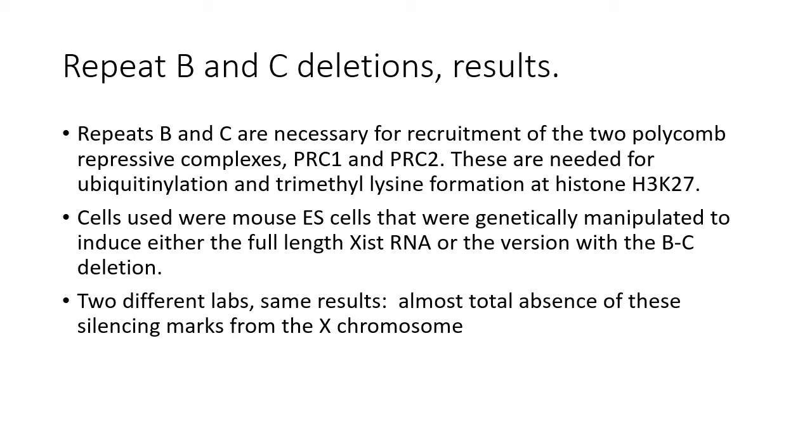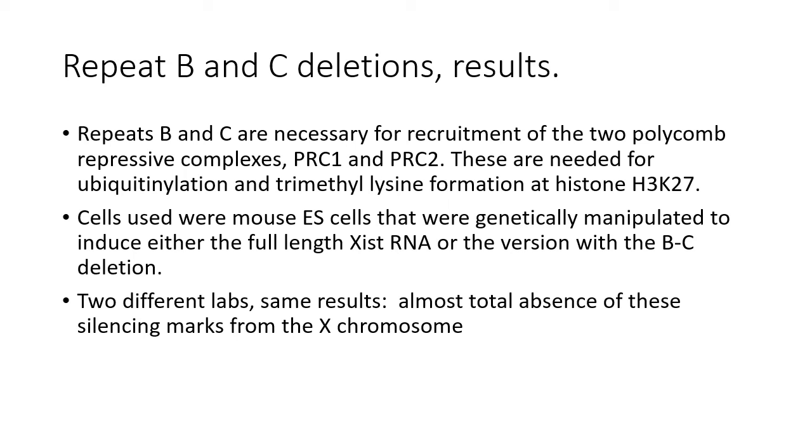Okay, so the bottom line is that the B and C repeats are necessary for recruitment of the two polycomb repressor complexes, PRC1 and PRC2, and that's what's shown in this experiment. This is necessary for the formation of the ubiquitinated and methylated forms of the histones across the inactive X and not the active one.